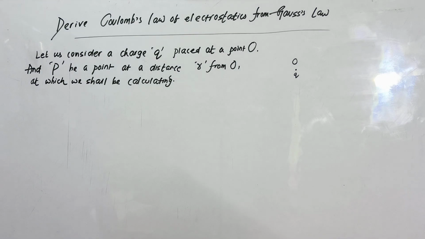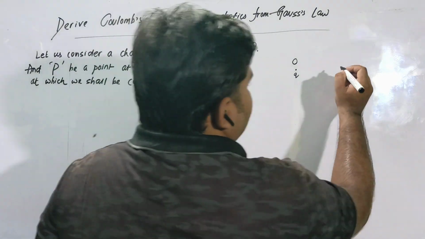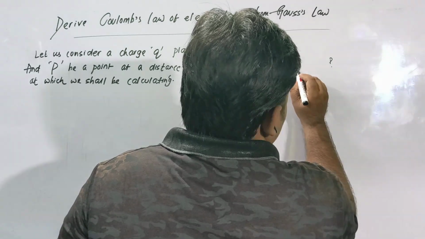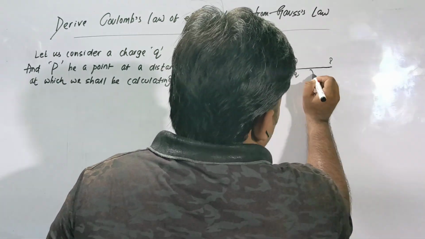Okay, this is our point under consideration. So P is a point. What is the distance between O and P? It is r.